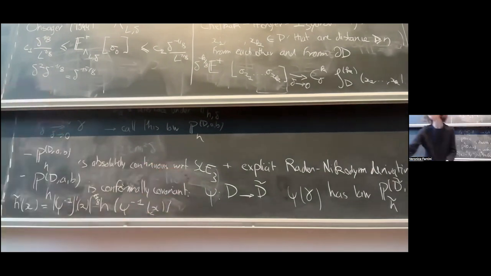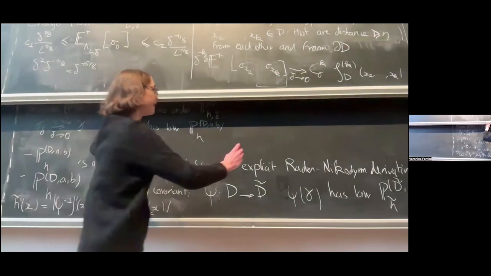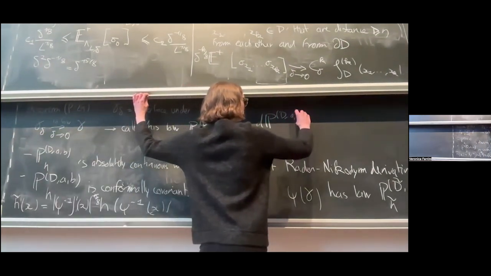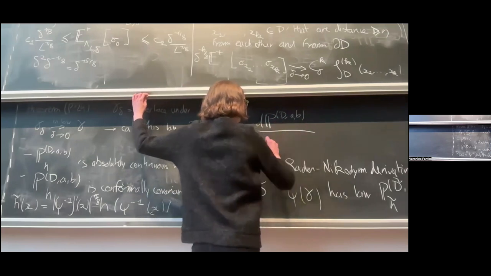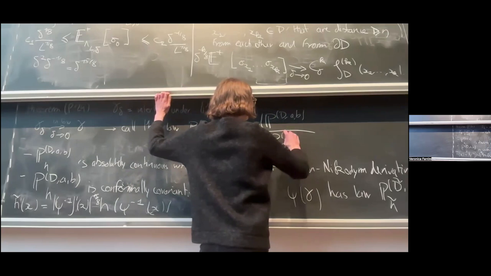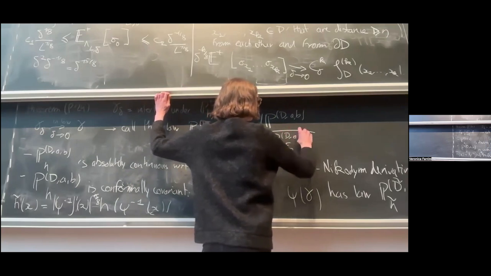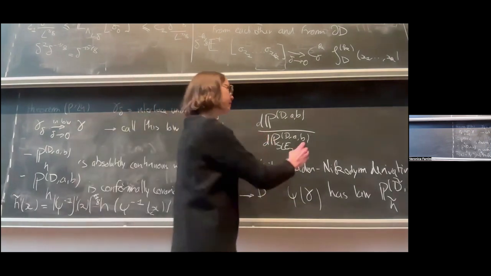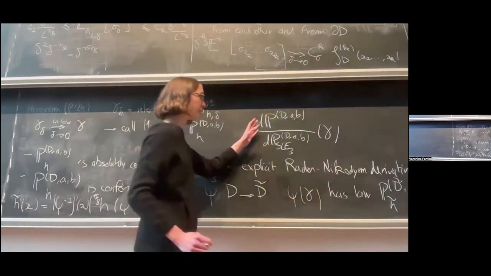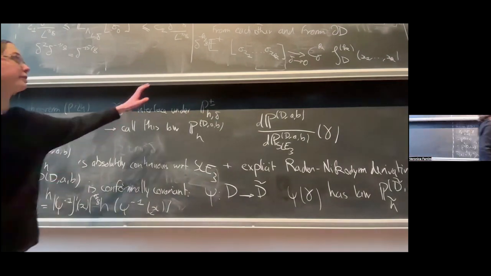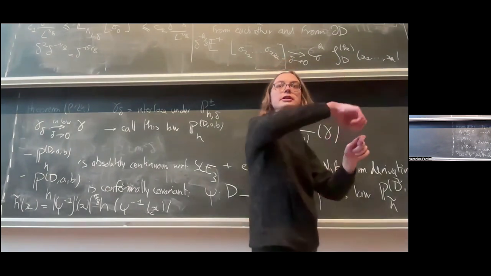Basically, if you look at something like this, you have a solution A and B, this is absolutely continuous, so you can do a change of measure. I can tell you what this is. It will be expressed in terms of those functions in the slit domain.